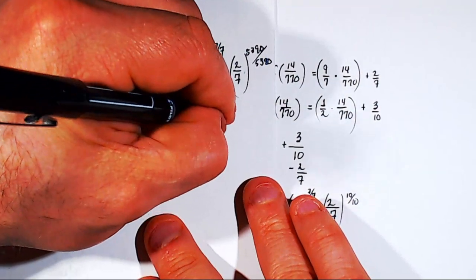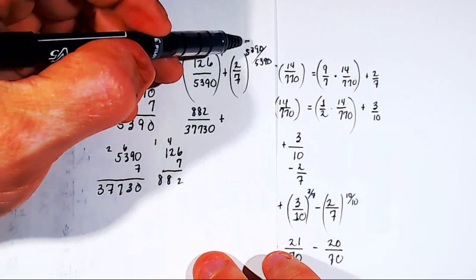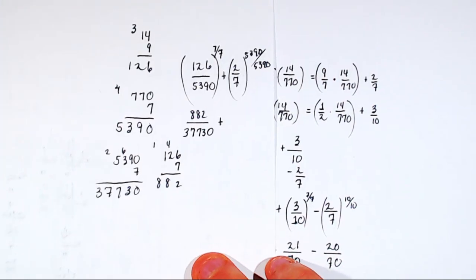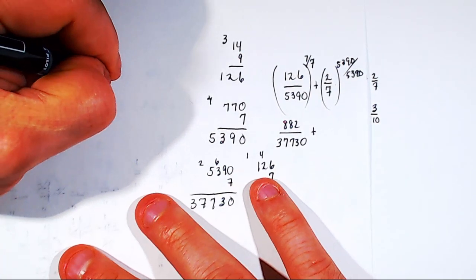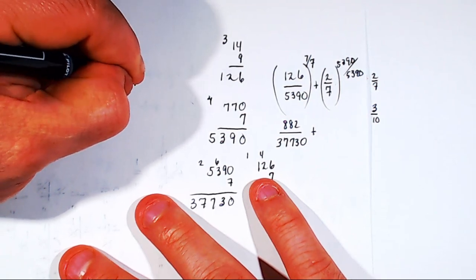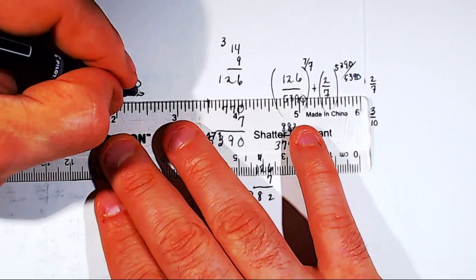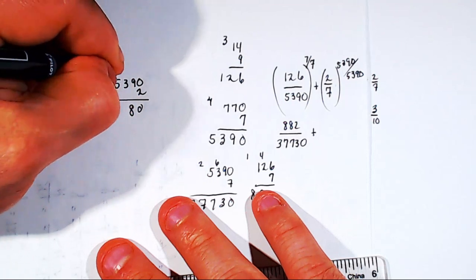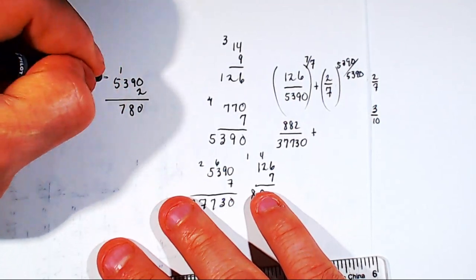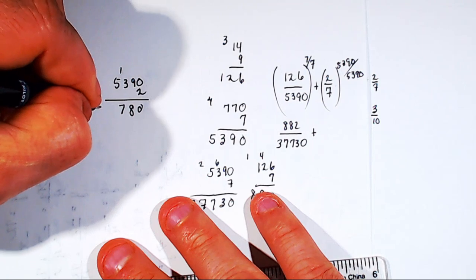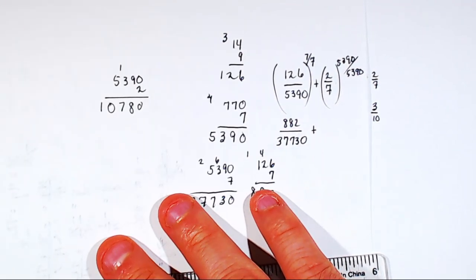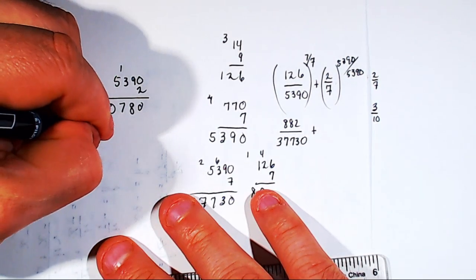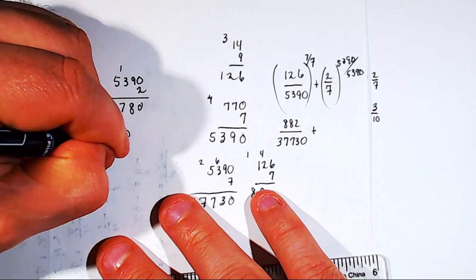37,730 plus, okay, so now I've got to multiply 5,390 by 2 and 7 times 5,390. Let's go over here and say 5,390 times 2. What is that? Well, 0, 18, 6, 7, and then 15 or 10. So I've got 10,780. Okay, and then I got to do 5390 times 7.